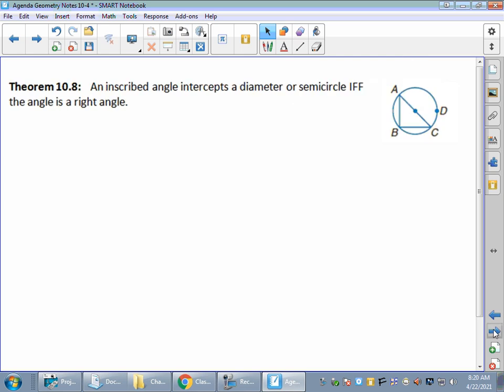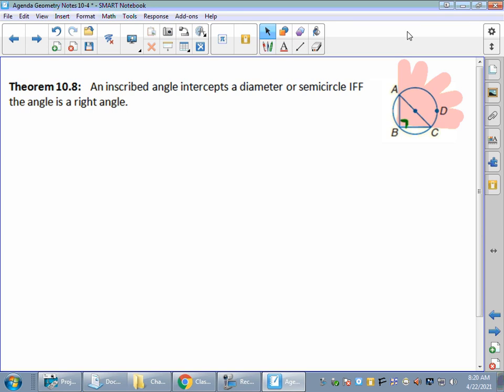Here's the next one. It's a good one, and it really helps to solve problems quickly. An inscribed angle intercepts a diameter or a semicircle if and only if the angle is a right angle. So what this is saying is if angle B is a right angle, do you see that angle B is actually an inscribed angle?